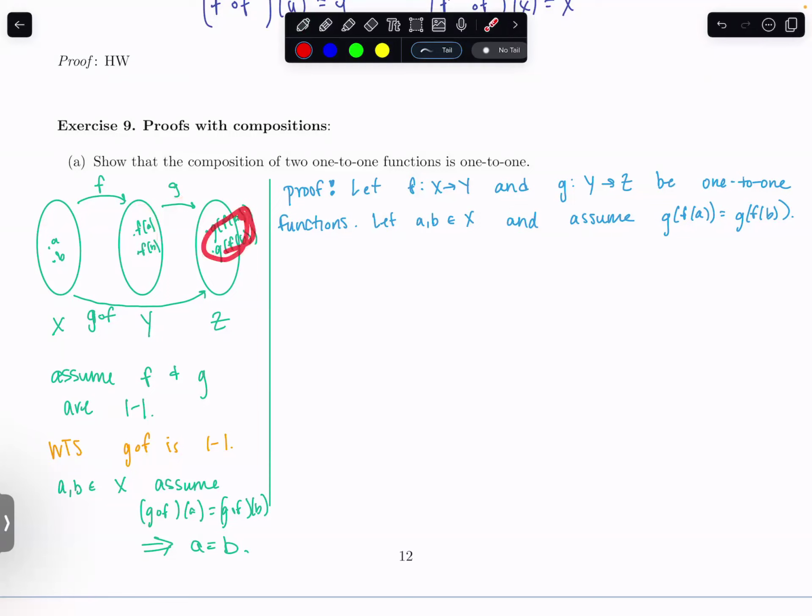And their target is the same. But since g is one-to-one, and these two darts landed in the same spot, they're actually the same dart. So these are equal to one another. So since g is one-to-one, we have f of a actually equals f of b.